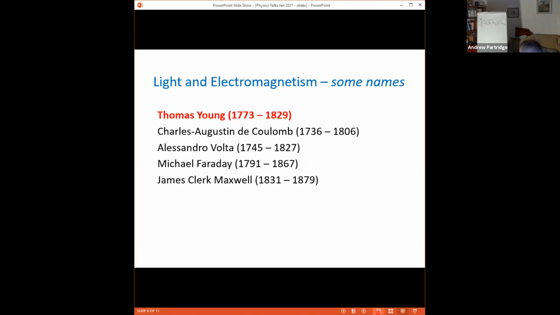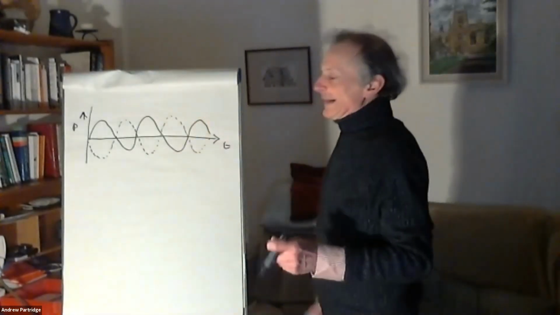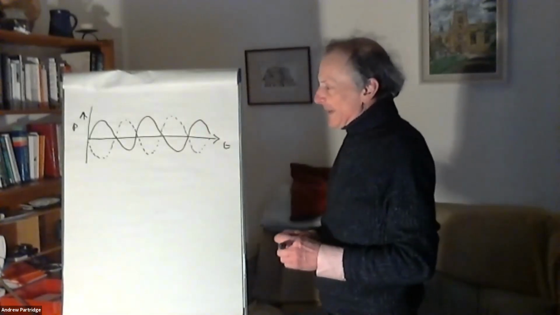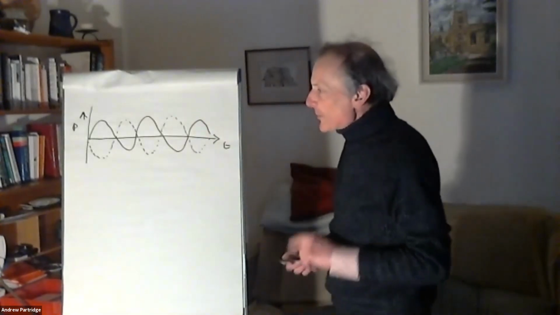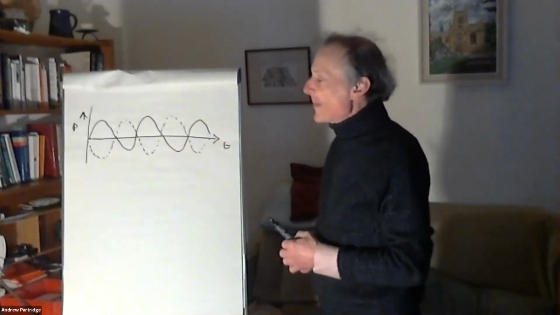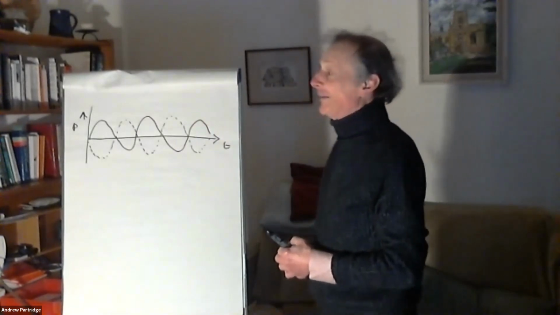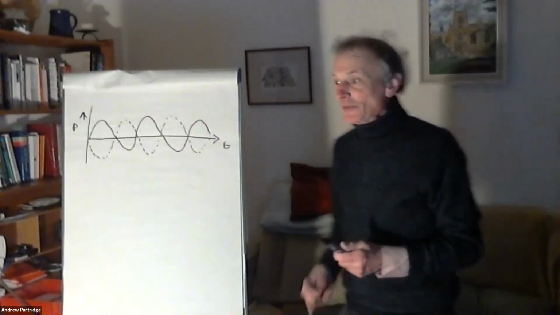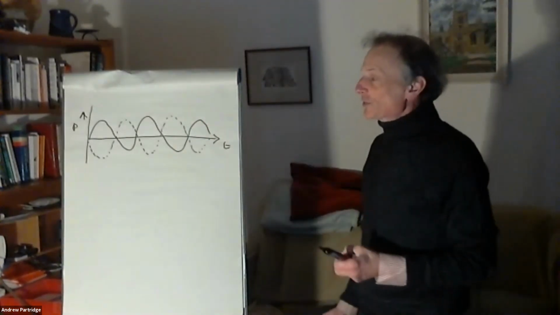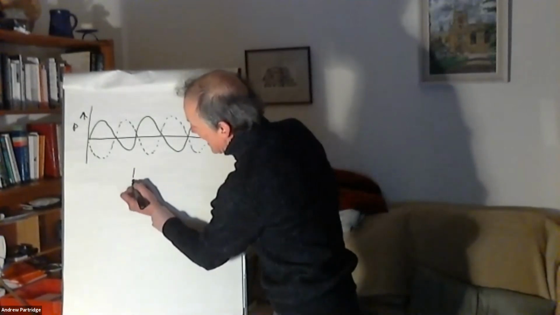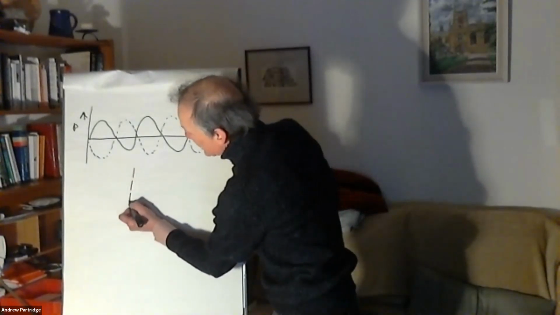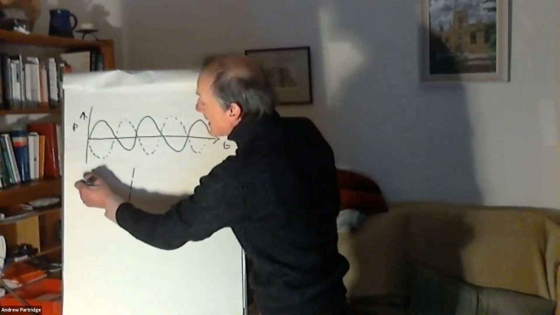So what he did was, it was actually a bit similar to this, but not exactly the same, but the sort of version of his experiment that's now universally done, and which we did again with students at the sixth form college to show that light is a wave, basically involved having two little slits illuminated by something.